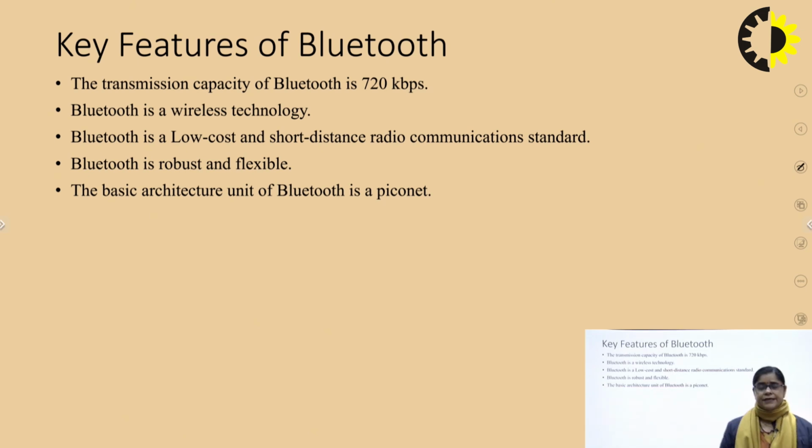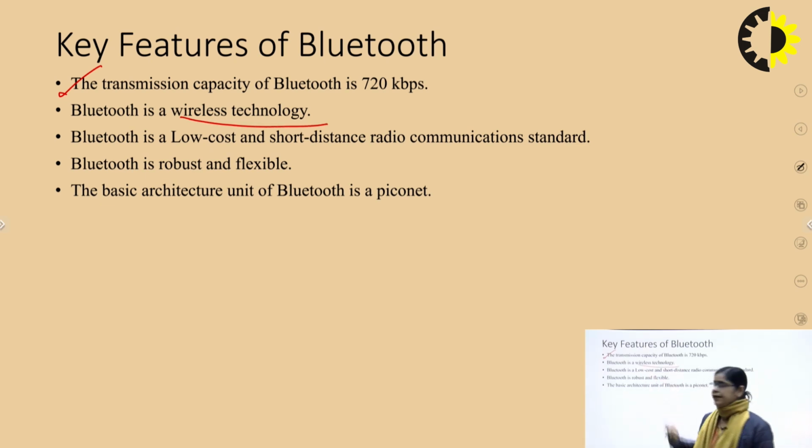Now, what are the key features of Bluetooth? Since we understand that the main principle is transmitting and receiving information, in Bluetooth we connect two devices with the help of radio waves. But there are special features: its capacity is 720 kbps, and it is a wireless technology.